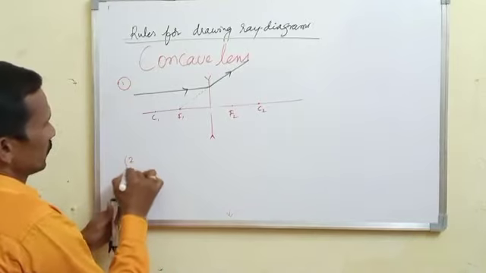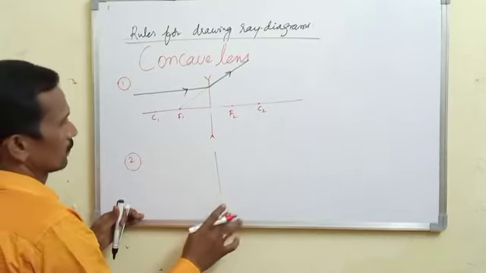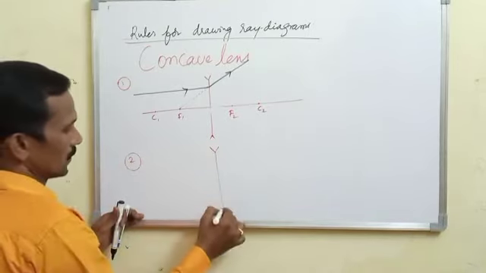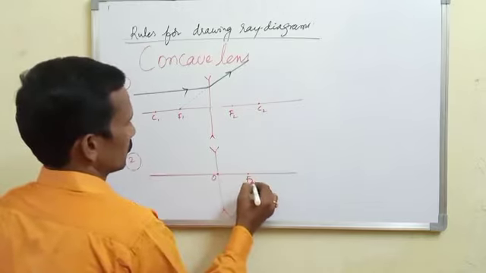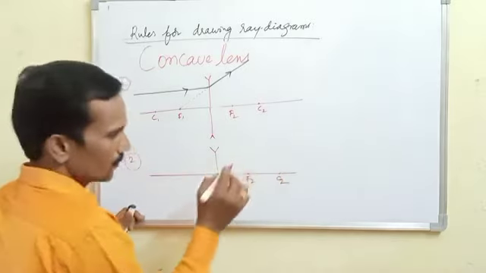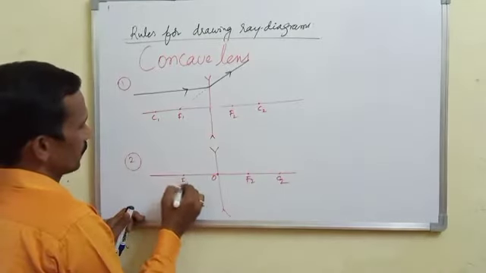In the second case, this is the symbolic representation: optic center, F2, C2, F1, C1.